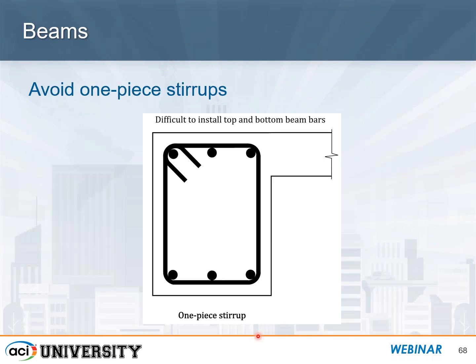Now, when we talk about stirrups, if the cage is not pre-assembled, we want to try to avoid one-piece stirrups, because trying to place, especially the top bars, trying to thread them through is not the easiest thing in the world to do.